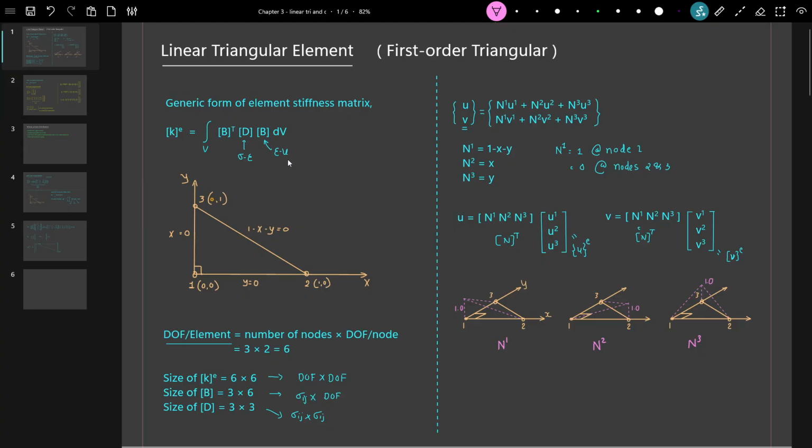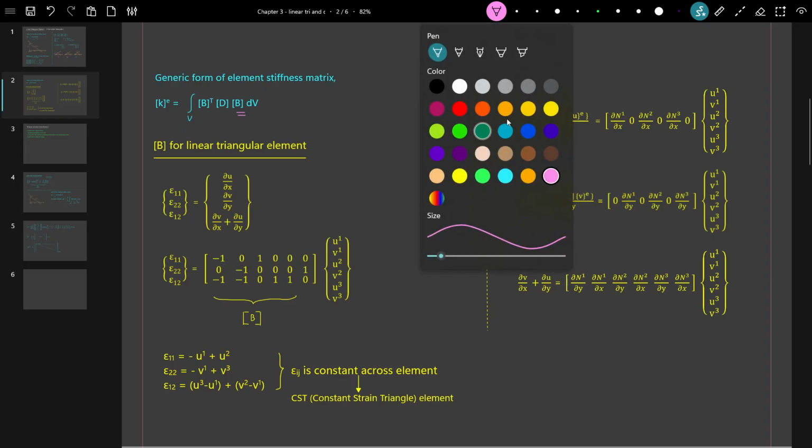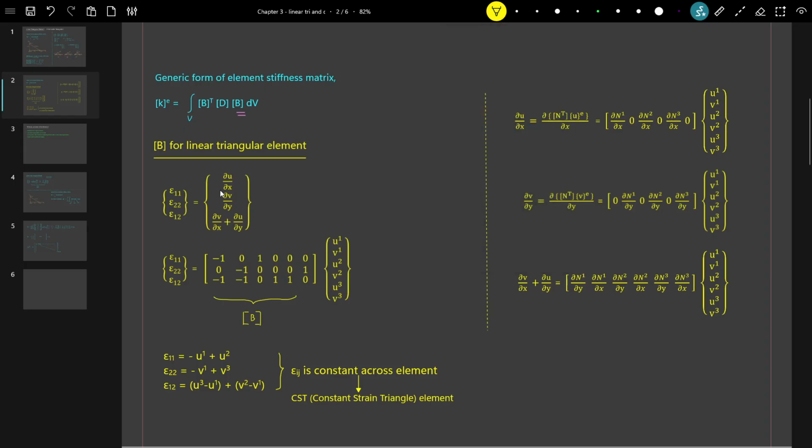So now we are done with the shape functions. Now let's see the B matrix for the linear triangular element. We know for the 2D case we have three stress components and three strain components. So this is our strain vector, which, from our continuum mechanics lecture, we know is equal to dou u by dou x, dou v by dou y, and dou v by dou x plus dou u by dou y.